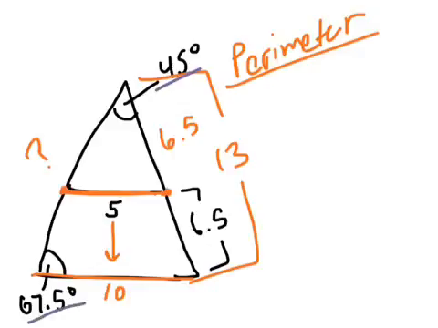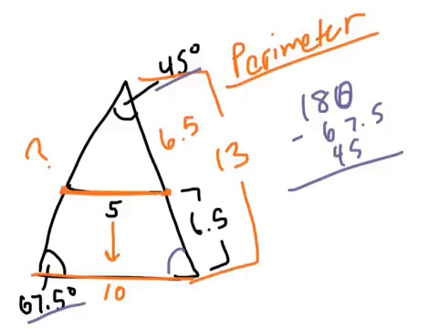So let's use these 2 angles to find this third one. Now remember, the triangle angle sum theorem tells us that all triangles have a sum of 180 degrees. So if we subtract that 67.5 and we subtract that 45, we will get the measure of this third angle.